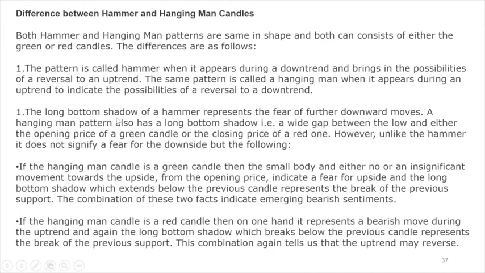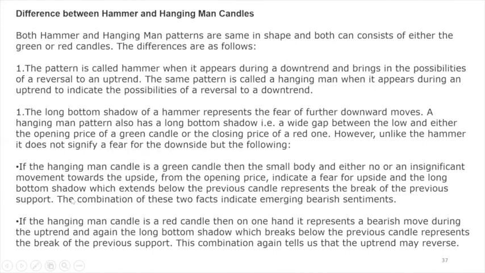The long bottom shadow of a hammer represents the fear of a further downtrend move. That means the price has moved. The hangman pattern also has a long shadow and a wide gap between the low and either the opening price of the green candle or the closing price. However, unlike the hammer, it does not signify the fear of downside.